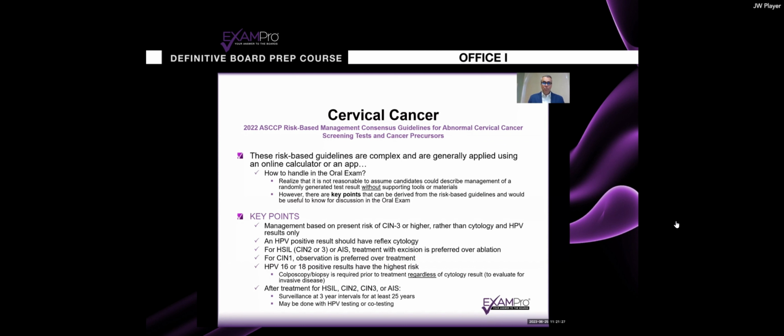And so you could and probably should proceed straight to an excisional procedure rather than a colposcopy. An excisional procedure is a biopsy. You might not always do colposcopy, because in that case, HPV 16 positive with HSIL, a normal colposcopy would not reassure you. It wouldn't change your management. So proceeding to a biopsy would be reasonable.